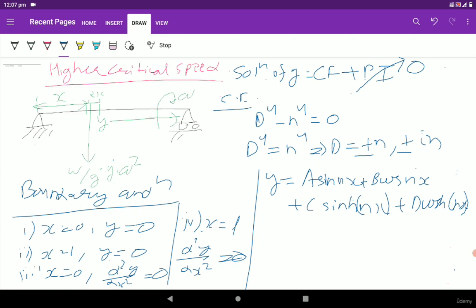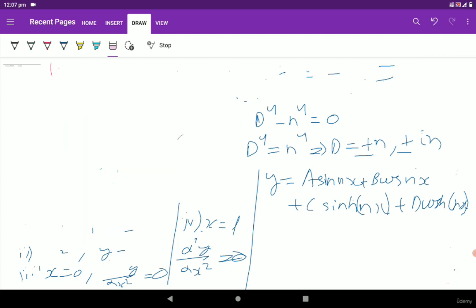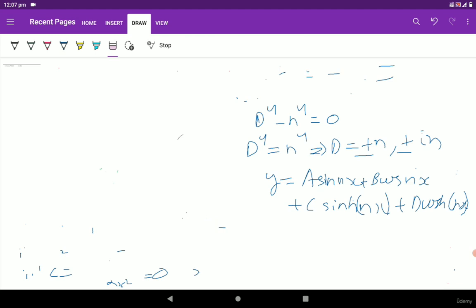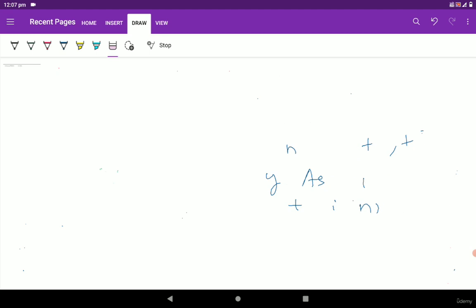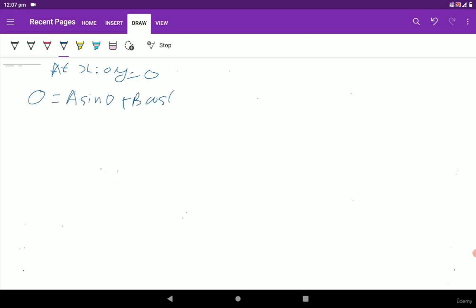So let me erase this thing first, whole thing. So at x equal to 0 and y equal to 0, substituting in that equation, we are going to get 0 equal to a sine 0 plus b cos 0 plus c sine hyperbolic of 0 plus d cos hyperbolic of 0.